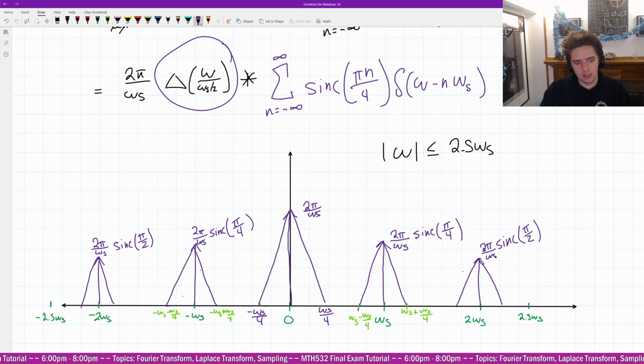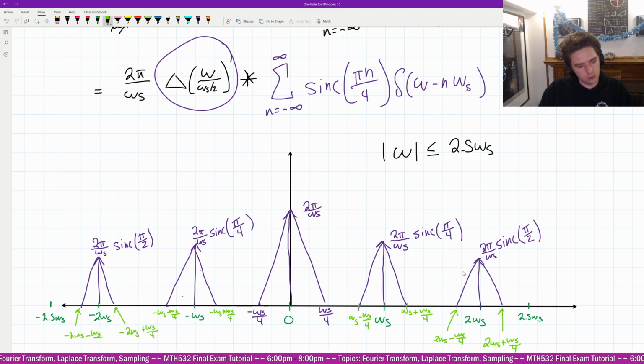And the bottom bounds here, what's the bottom here? Let's do this one first. So this is 2 omega s plus omega s over 4. You can simplify that, but no need. 2 omega s minus omega s over 4. This is negative 2 omega s plus omega s over 4. And this is negative 2 omega s minus omega s over 4.